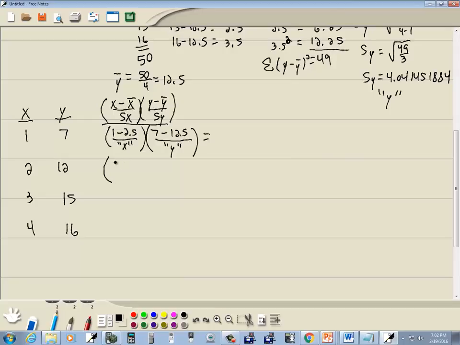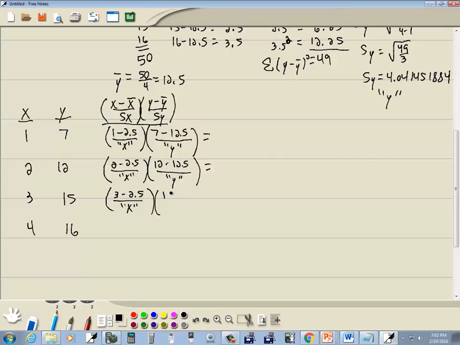Now this one will be 2 minus 2.5 divided by x. And this one will be 12 minus 12.5 divided by y. This one will be 3 minus 2.5 divided by x.